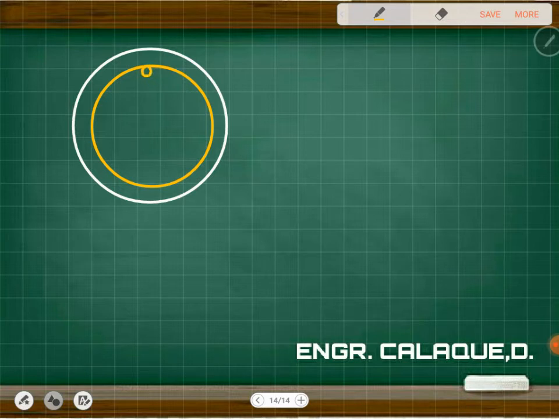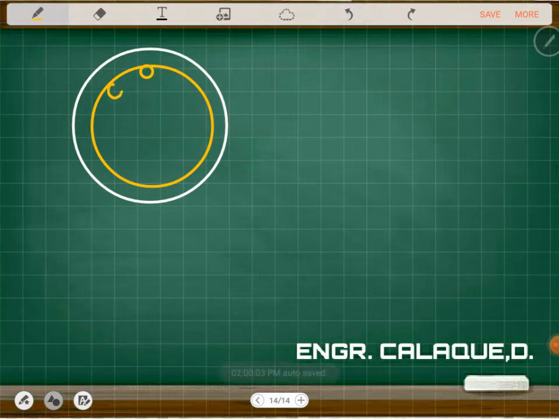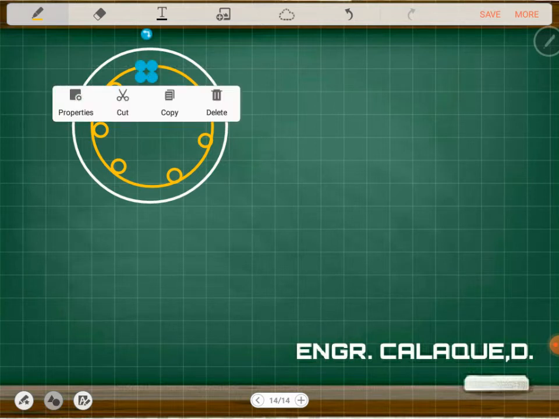Let's say 1, 2, say 3, let's say 4, let's say 5, 6, let's say 7. So assuming ganyan na lang yung arrangement, no? Okay na yan? Okay na yan.